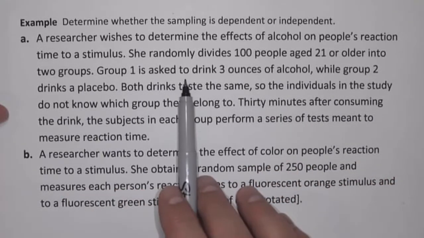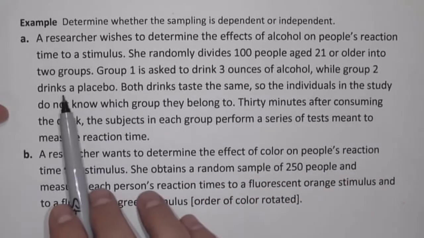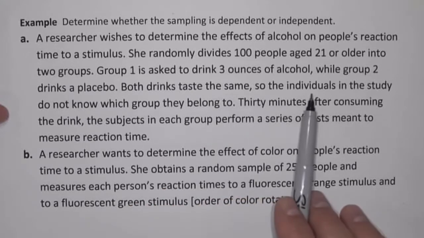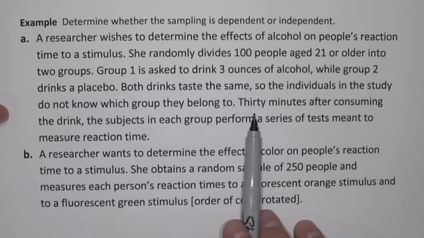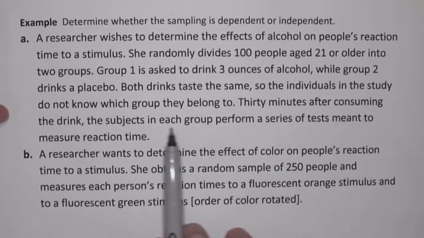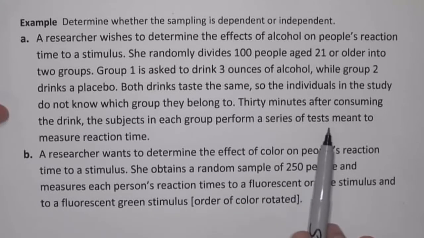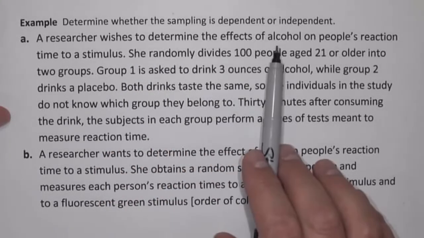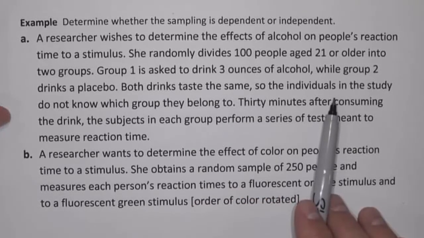Group 1 is asked to drink 3 ounces of alcohol, while Group 2 drinks a placebo. Both drinks taste the same, so the individuals in the study do not know which group they belong to. 30 minutes after consuming the drink, the subjects in each group perform a series of tests meant to measure reaction time. So again, we want to determine if our sampling method is dependent or independent for Part A.